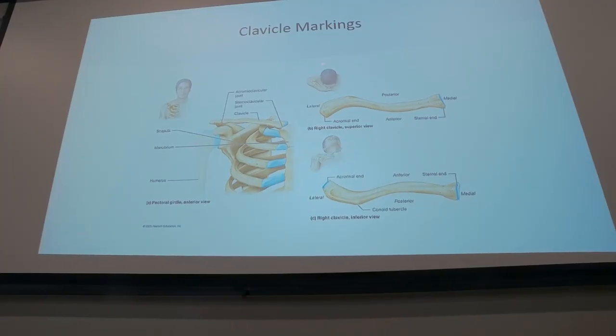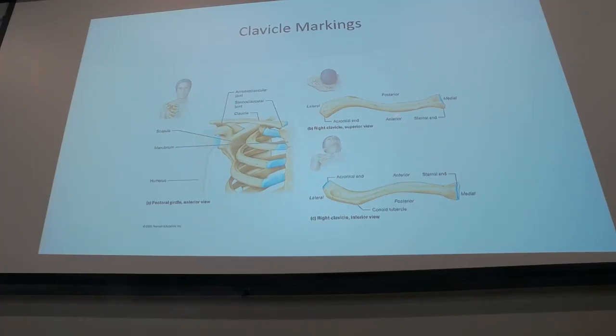So this is what you're looking at. So this is the head. If you look from above, it has a lateral portion and a medial portion. The lateral portion has this convexity. The medial portion is more flat in its ending.